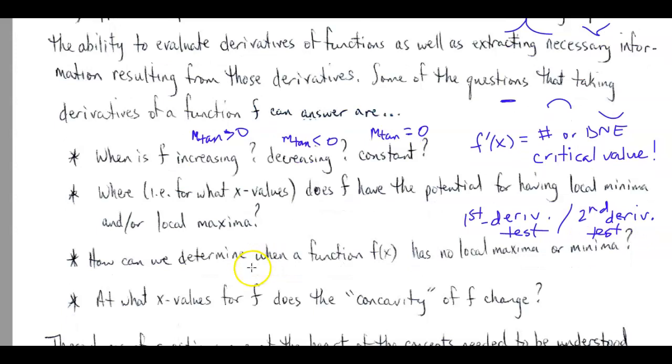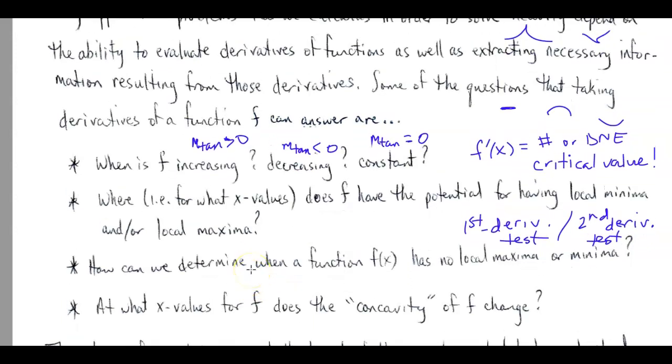And then of course, there's this concept called concavity, which is basically describing the shape of the graph. I'm going to get more into that later in the video. But by knowing what the concavity of our function f will look like, we will be able to draw the shape of that graph for certain x values.